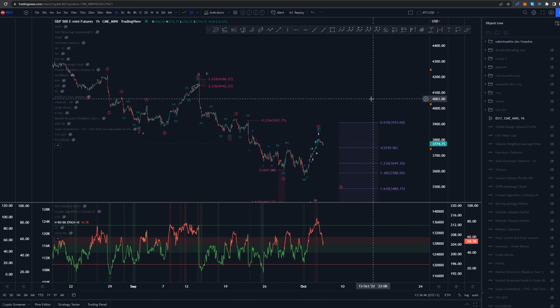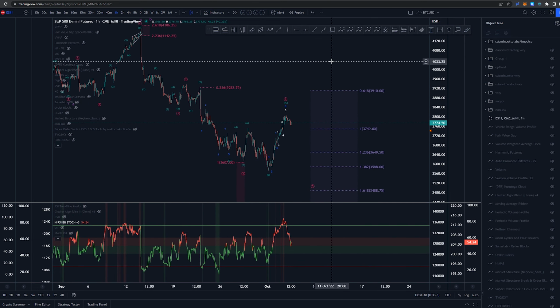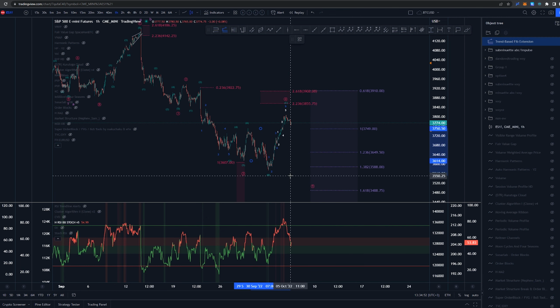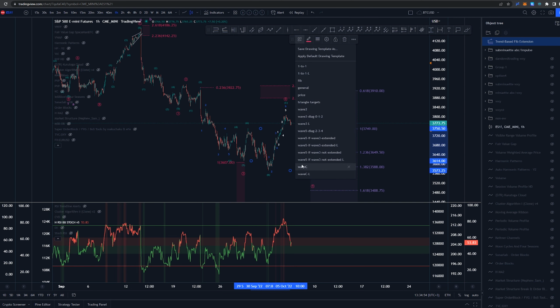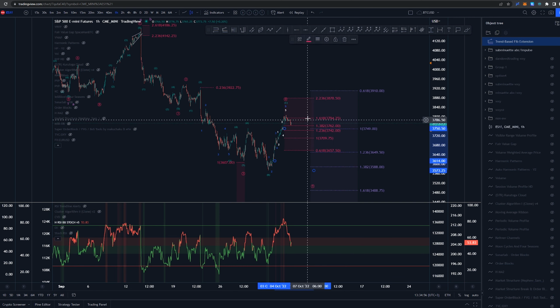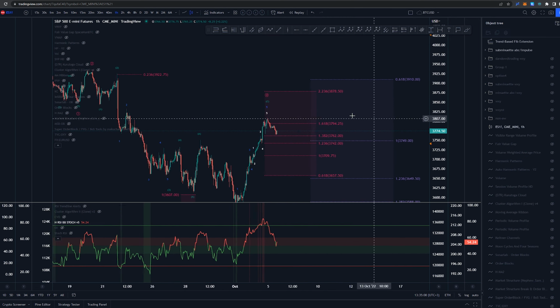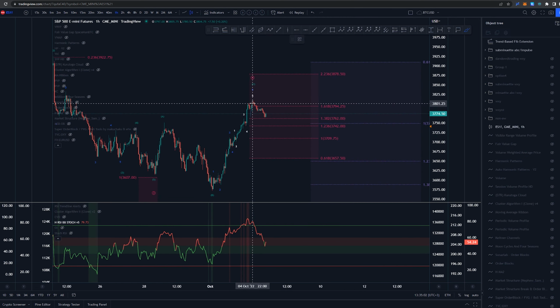So for that structure that we were talking about yesterday of having this as a possible expanded structure, we would be looking at something like this. We're talking about the soft-in relation around the 1.618, and I tried to take a short opportunity here, but I got stopped out on this wick.